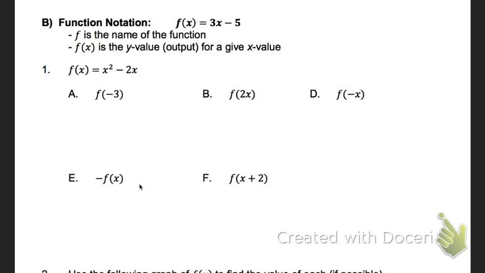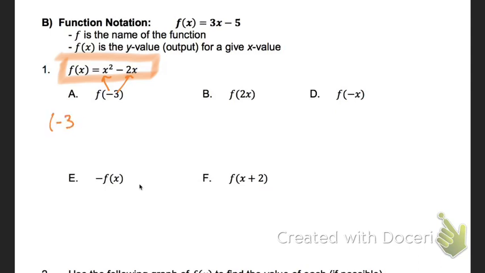So here is our f of x. We have x squared minus 2x. In part A, f of negative 3 means I'm going to substitute negative 3 everywhere I see an x, and you're going to keep it in parentheses.